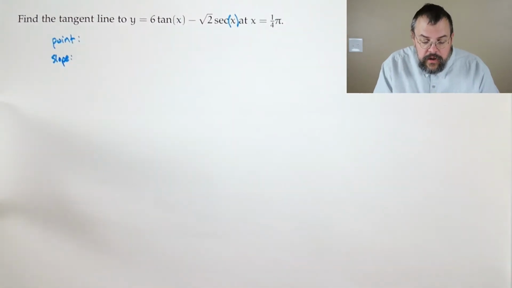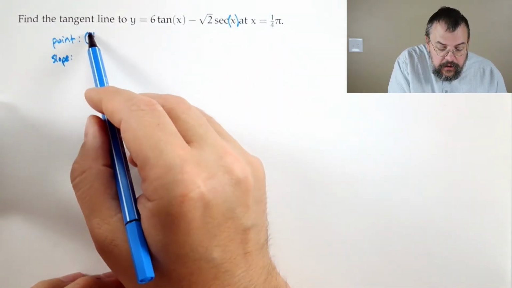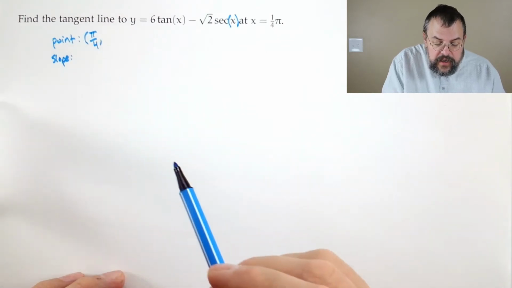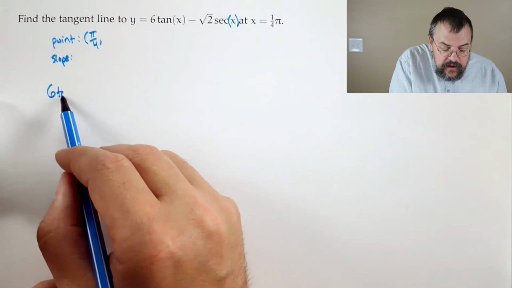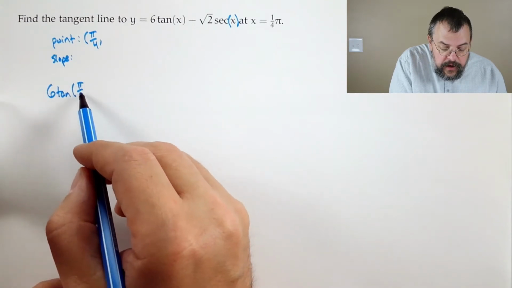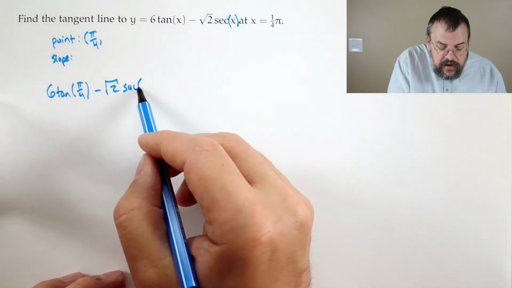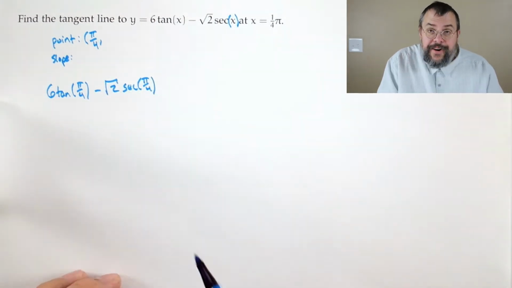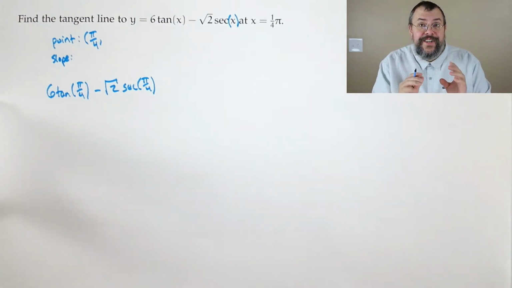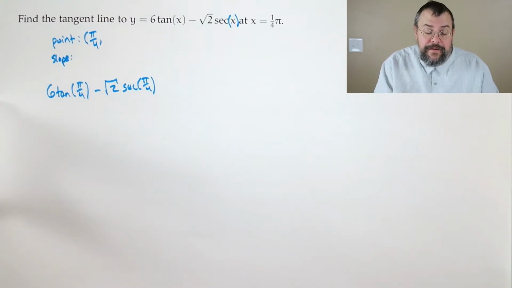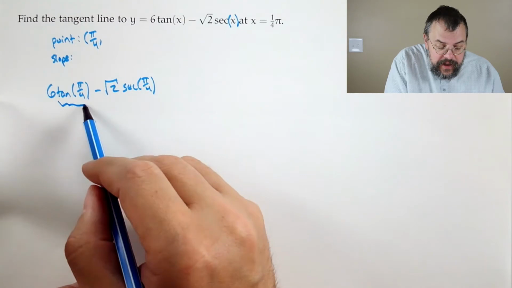We know our x-coordinate is pi over 4, and now we need our y-coordinate. So our y-coordinate would be 6 tangent pi over 4 minus root 2 times secant of pi over 4. Tangent of pi over 4 is a nice value: it is 1.